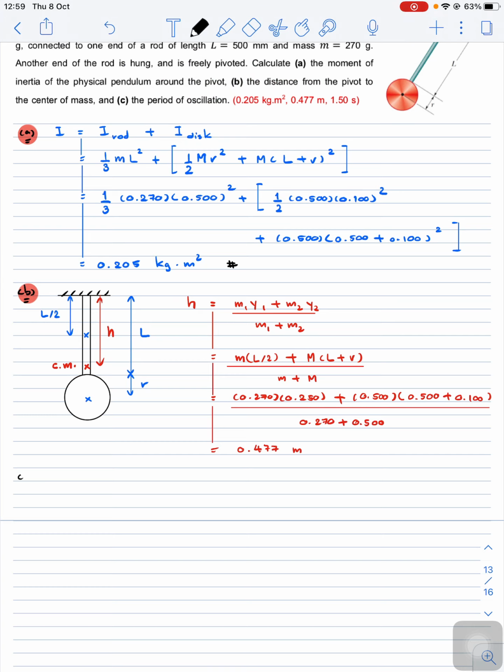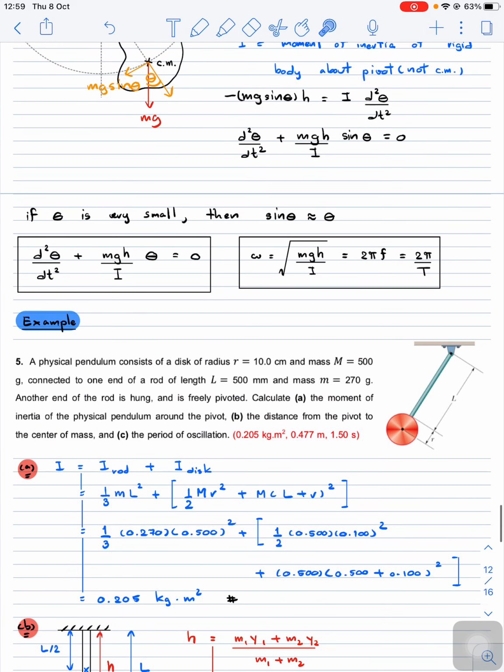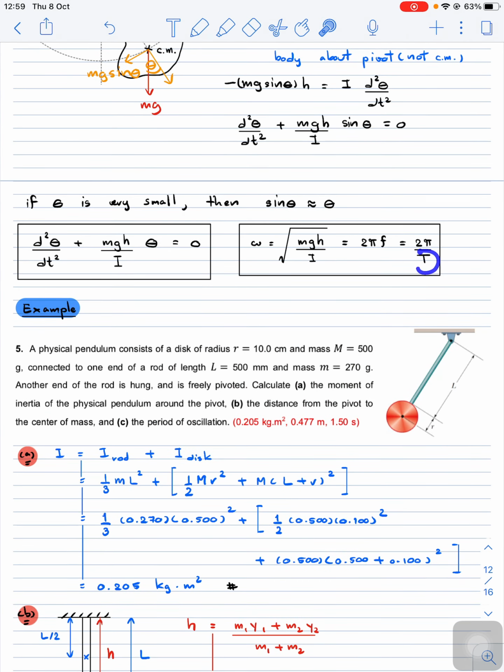Now for part C. For this part we just want to compute the period of the oscillation. That's simple, right? We can pick the period T, then we can pick this one and this one to solve for the period.